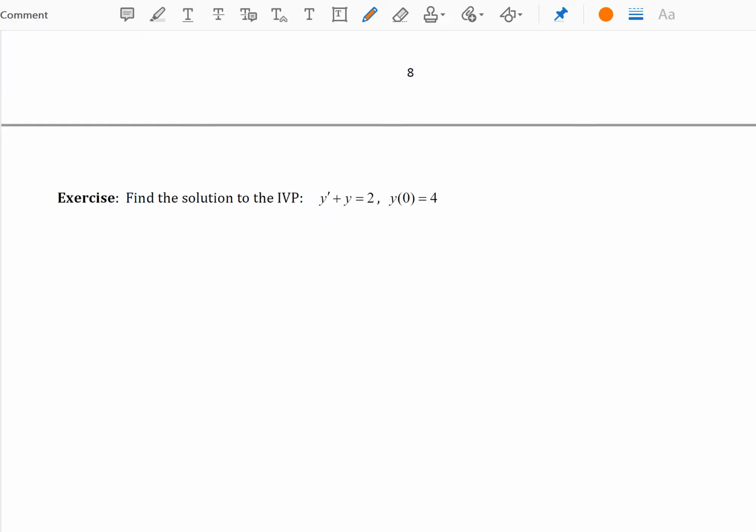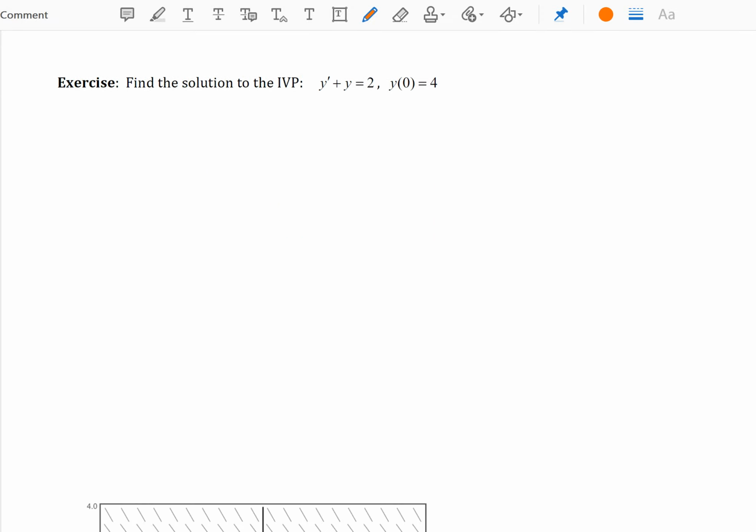Let's look at another problem. In this problem, we're asked to find the solution to the initial value problem. So I've given you an initial condition. Now remember our set of steps. Step 1, we need to find the integrating factor.